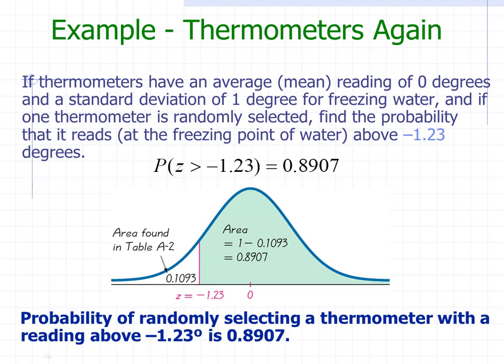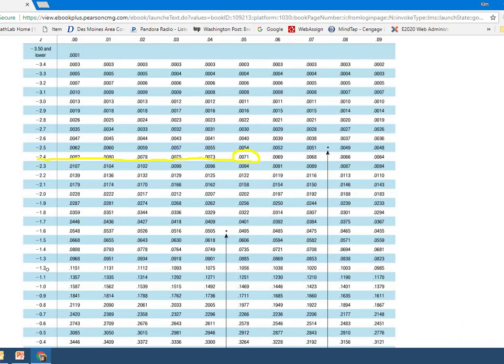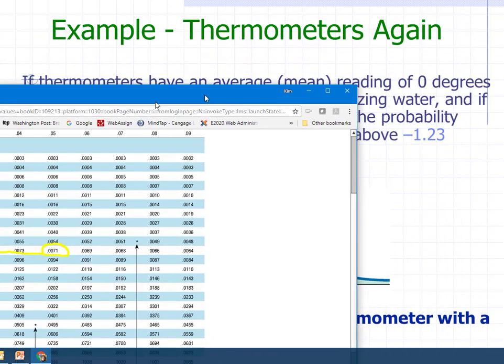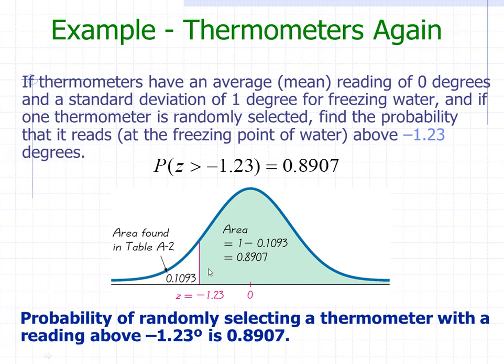Let's go back to the table, table A2, and we want a negative 1.23, right here, 0.1093. This is what we found on the table right here.